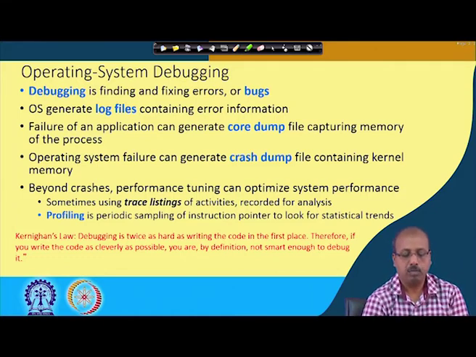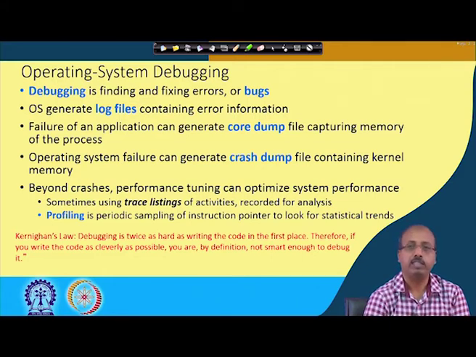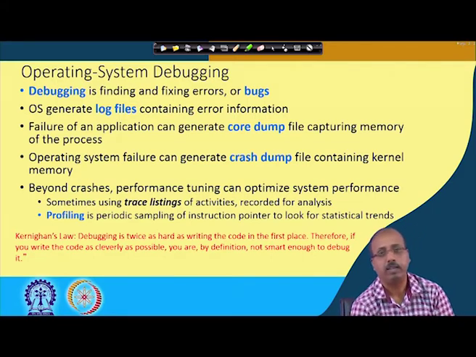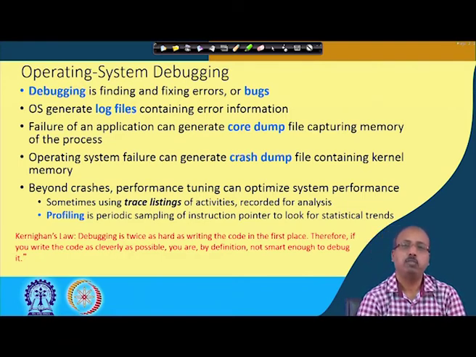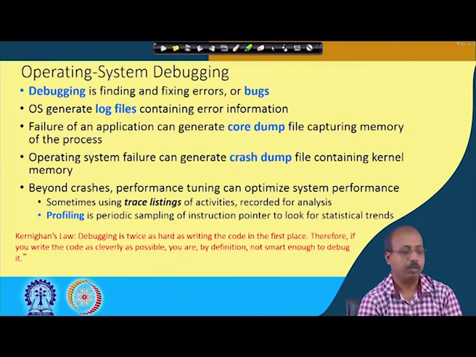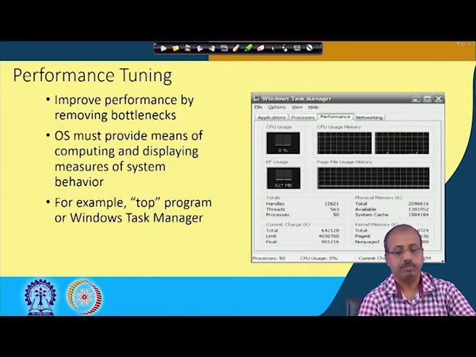So, if you write the code as cleverly as possible, you are by definition not smart enough to debug it. Cleverly written code means there will be very many tricks in the code, so understanding that code becomes difficult. So, it is advisable that while designing such a big piece of software like an operating system, we try to avoid these clever tricks as much as possible, because that will make program debugging very difficult.